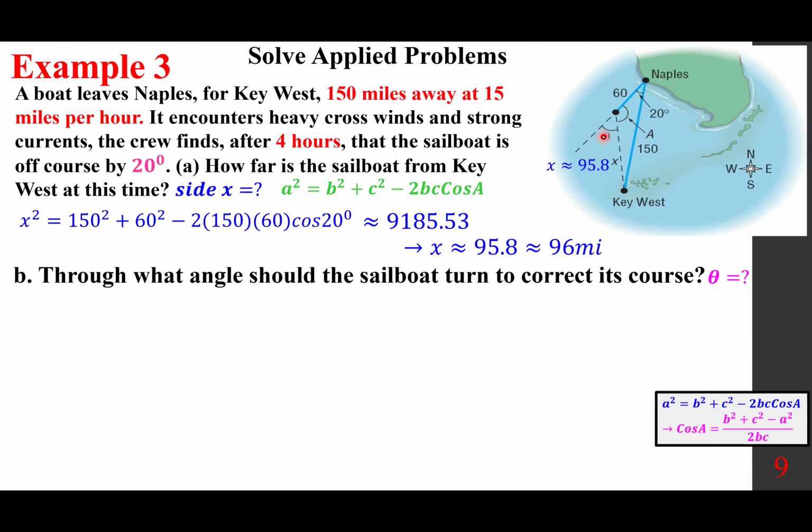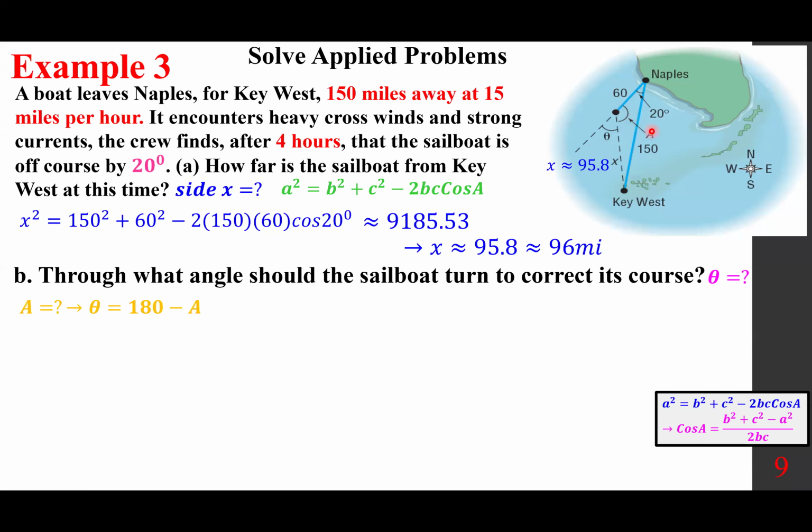Okay. So if we want to know this angle, and we call this angle A, if we could find angle A, then theta would be 180 minus A, right? So one more time, we want to find theta.